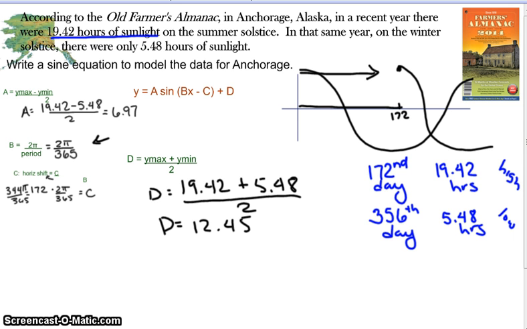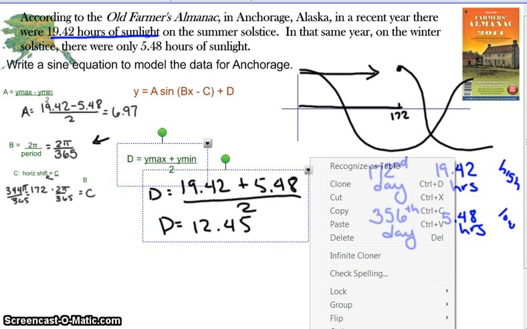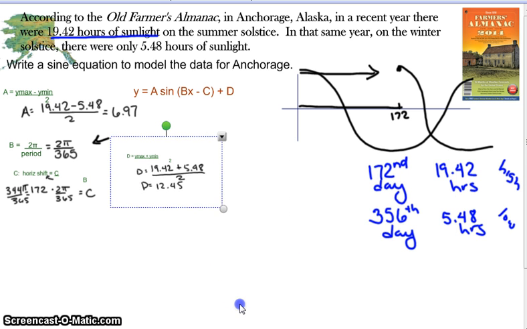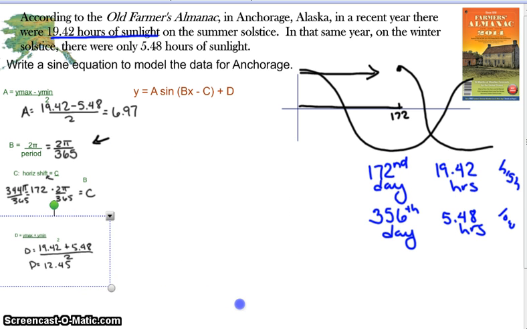What is that 12.45 all about? That 12.45 tells us the average hours of sunlight that they get in Anchorage, Alaska. So even though they get a lot of days that have almost no sunlight, only 5.48 hours, they get more days. On average, those long days where it never gets dark are greater than those days where it doesn't.